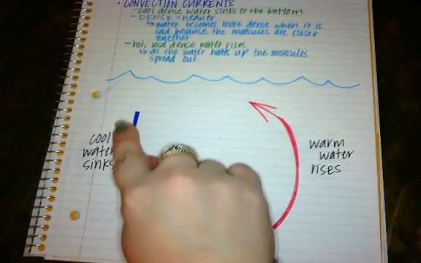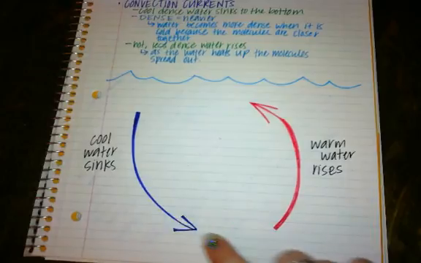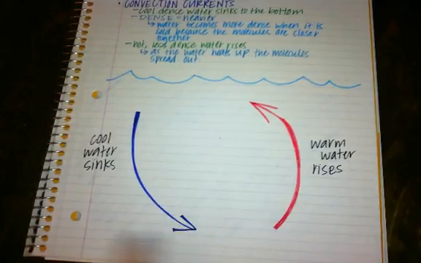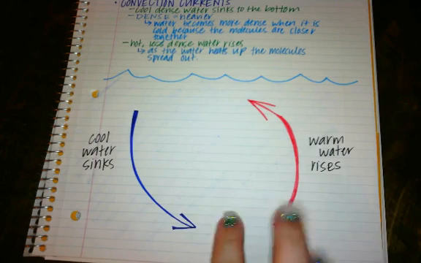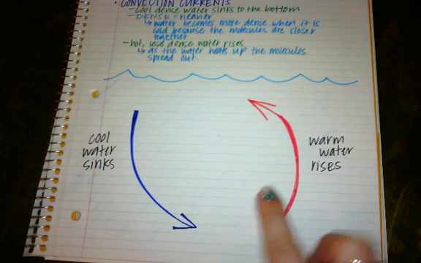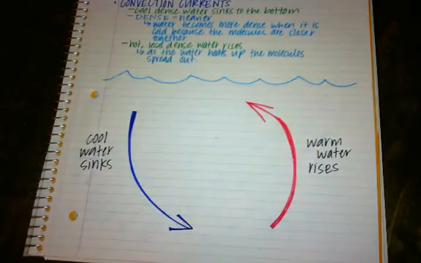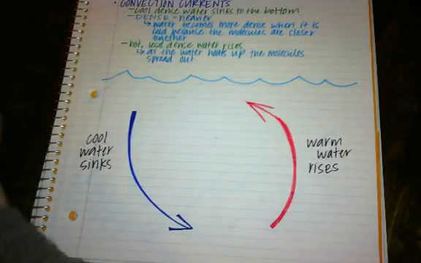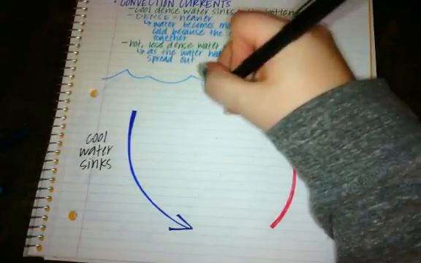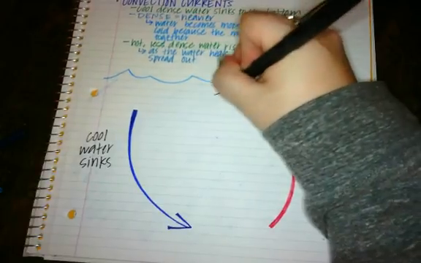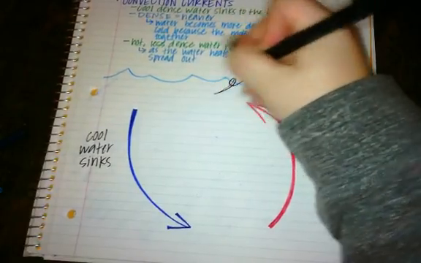Okay, so as long as you understand this concept, you should do okay. Because as the water towards the surface starts to cool off, it'll start to sink towards the bottom. Okay, and then you have a nice layer of cold water, the coldest water at the bottom. So the water that's a little bit further up will warm and rise to the top, where it gets really warm, and then it cools down. And it moves in a cycle.